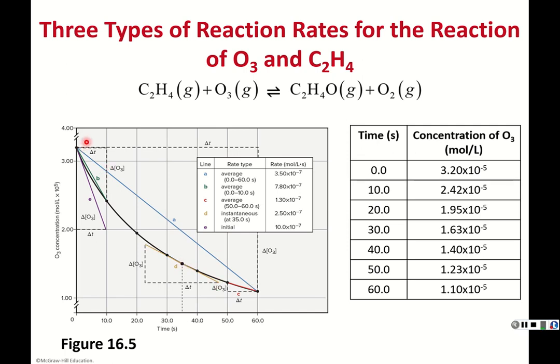One of those is just taking the first point and the last point. That would be A, and our rate would be given by this, 3.5 times 10 to the minus 7th. We could also do B here, measuring from the first point to the second point, and that gives us a much higher rate, about 2 times as high as measuring from the first point to the last point.